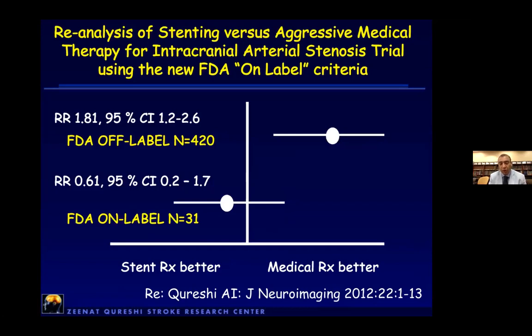In the off-label patients, clearly you can see medical treatment is better than stent placement. But if you look at the on-label patients, there seems to be a signal that they may do better with stent placement as compared to medical treatment. So there is perhaps some sense of validity of the new on-label FDA criteria when it comes to selecting patients with intracranial stenosis who can benefit from intracranial stent placement.